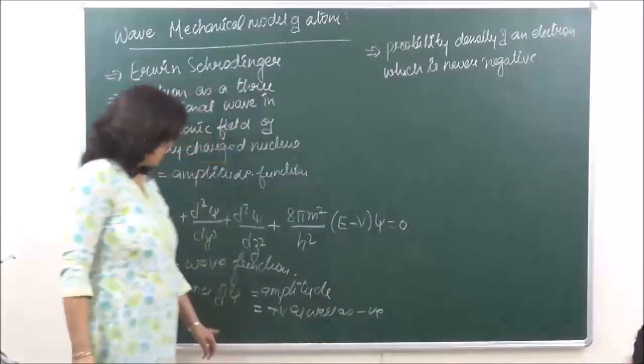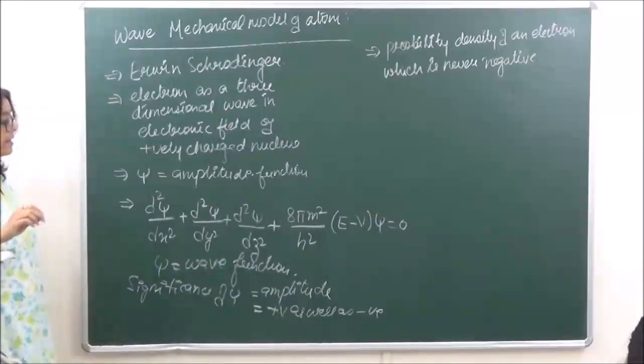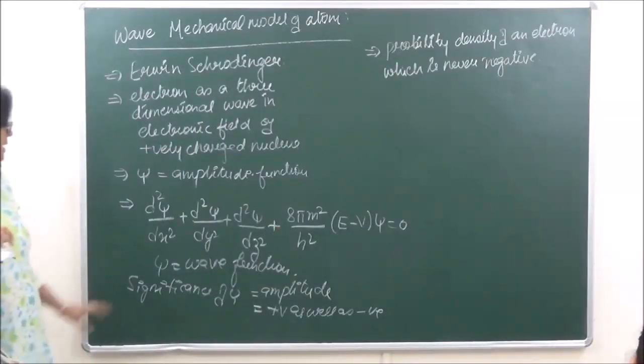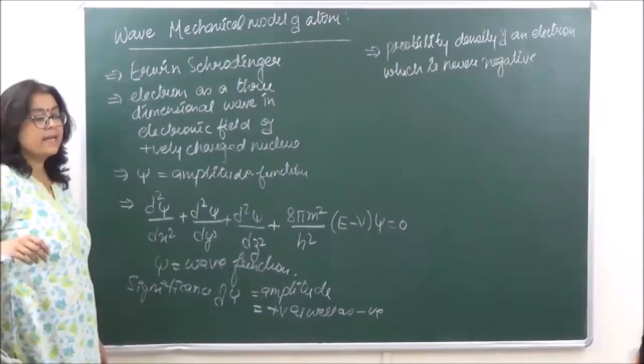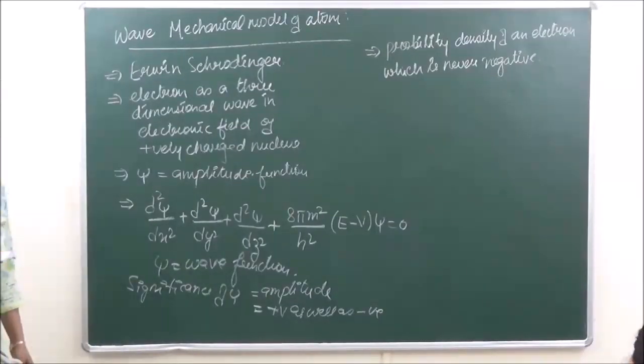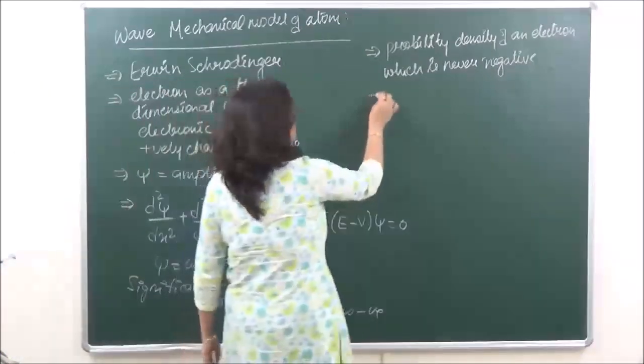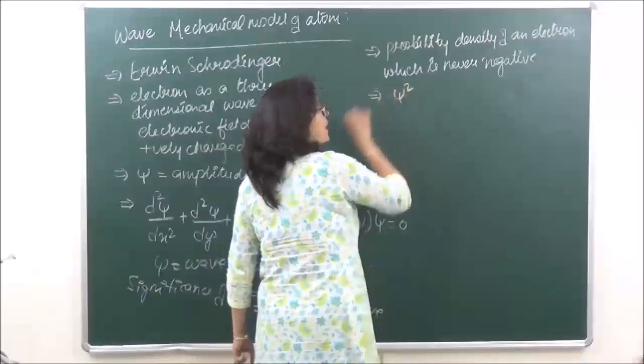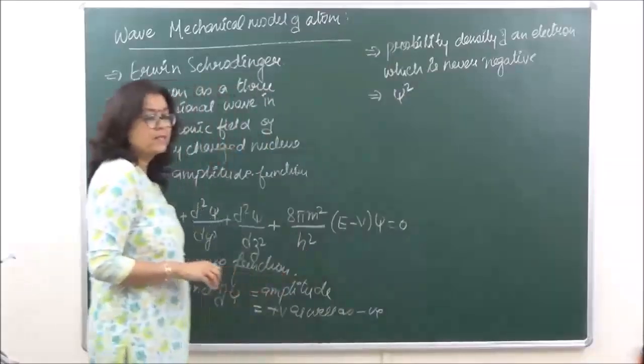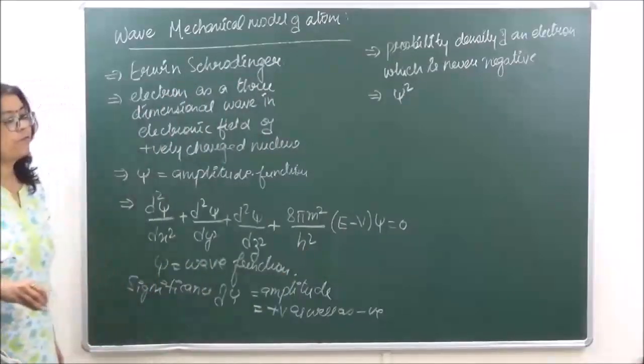As you can see here, psi had a value positive or negative, therefore psi could not be taken as the probability density. So another term was suggested, which was psi square, the square of the amplitude of the wave.